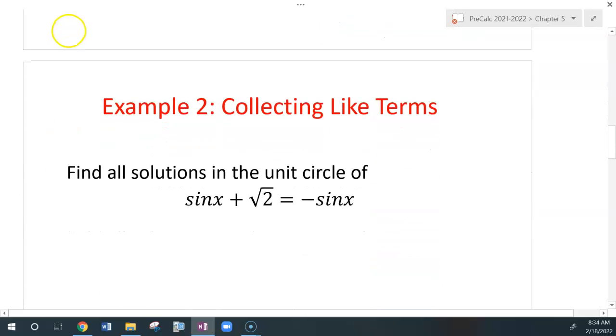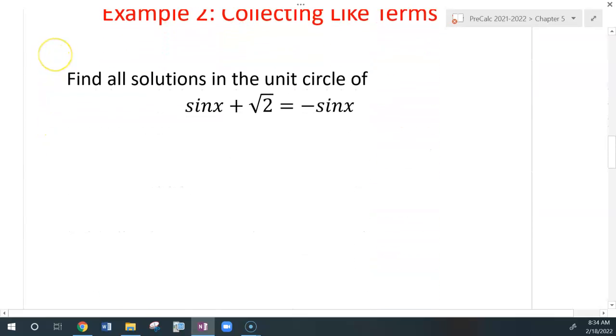Let's do another one. So we're going to collect like terms, and we're going to find all the solutions in the unit circle. So notice I have a sine x here and a negative sine x there. I want to combine those together, so I'm going to add a sine x to both sides. I get 2 times the sine of x plus square root of 2 equals 0.